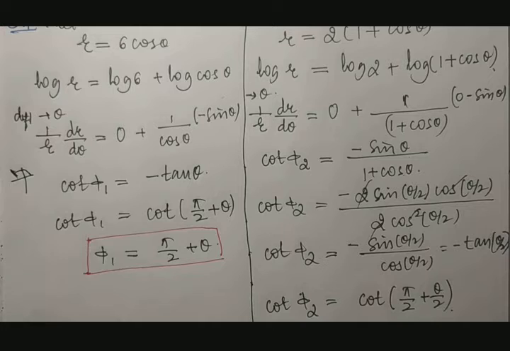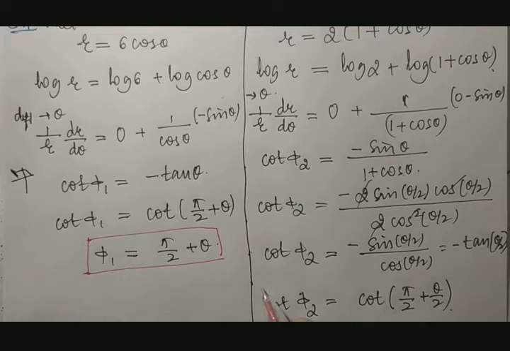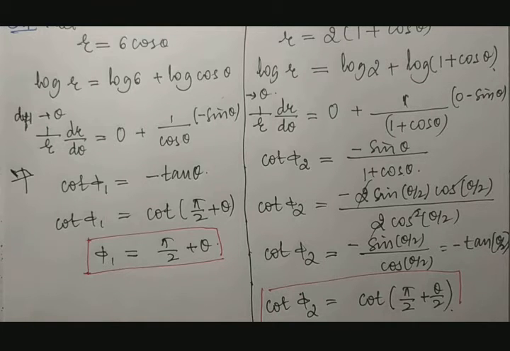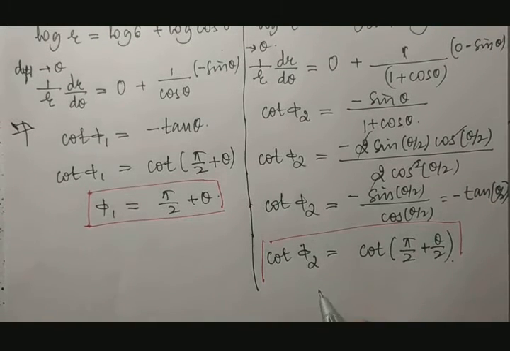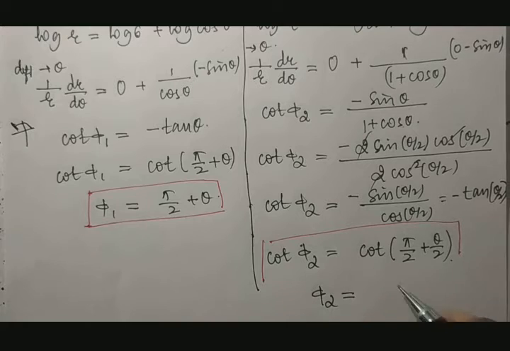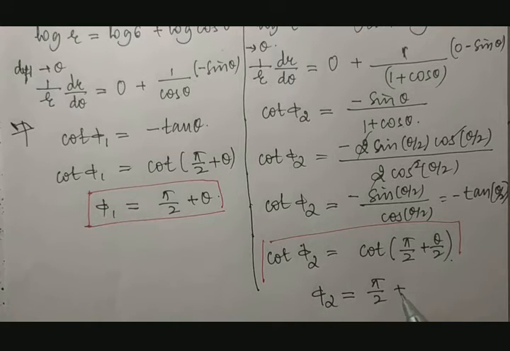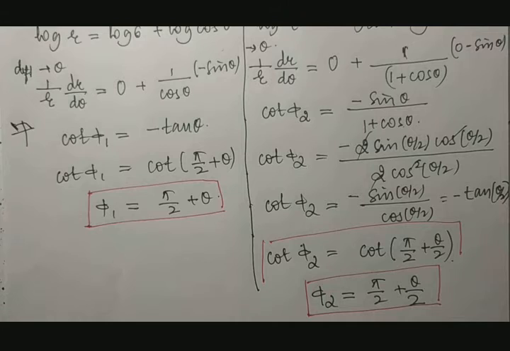So this is the second angle. This cannot be called the second angle, so I'll take its proper angle, that is phi 2. So it is pi by 2 plus theta by 2. This is the second angle between the radius vector and the tangent.